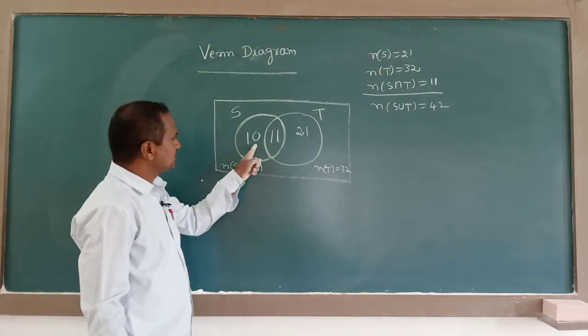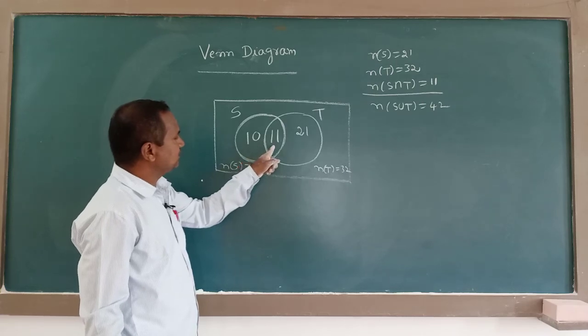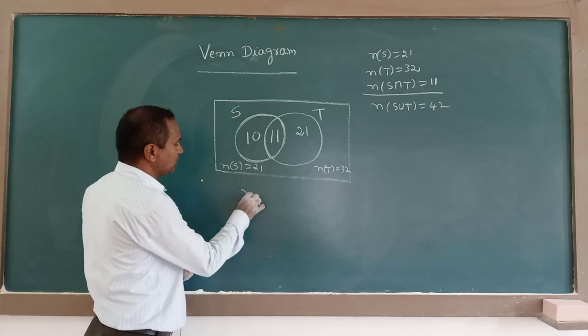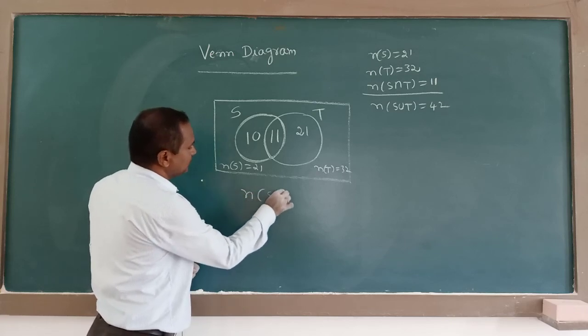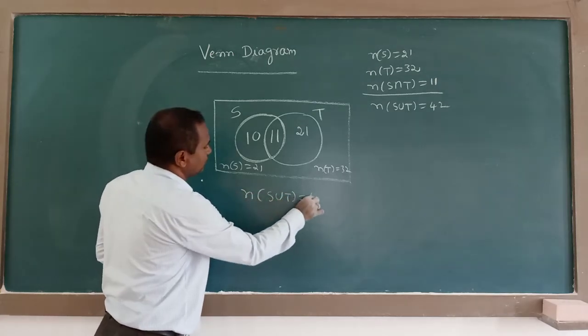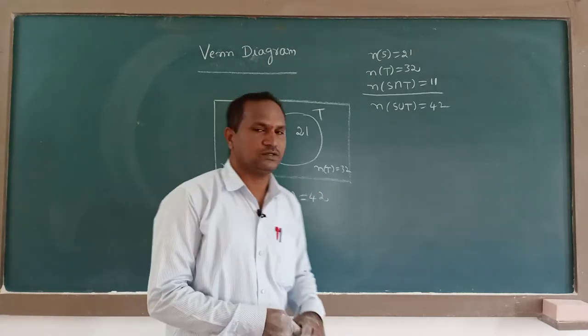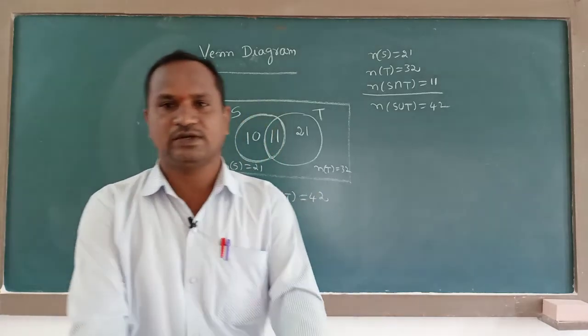See, adding all this, 10 plus 11 is 21, and 21 plus 21 is 42. Therefore, n of S union T is equal to 42 elements. Like that we are drawing the Venn diagram for this question.